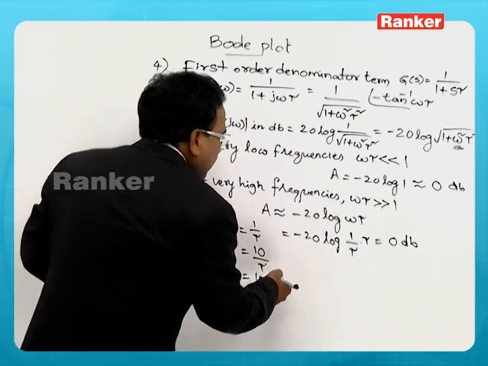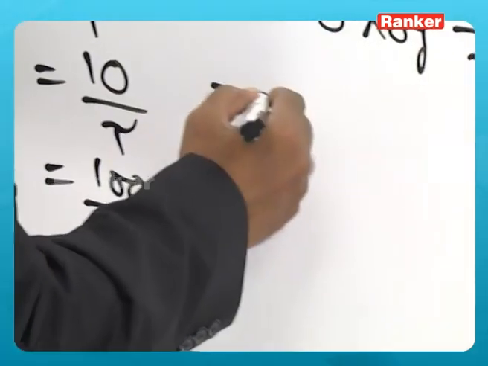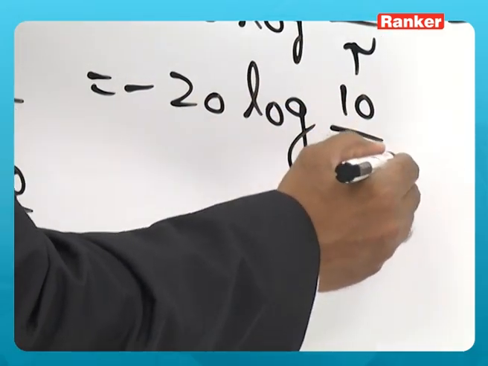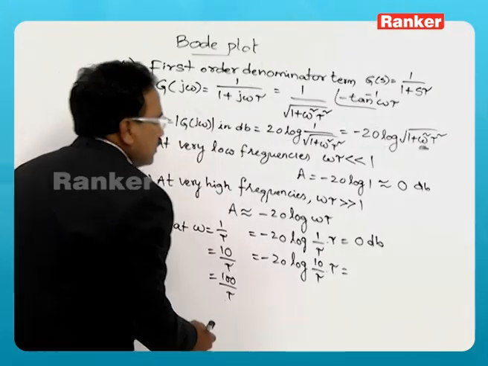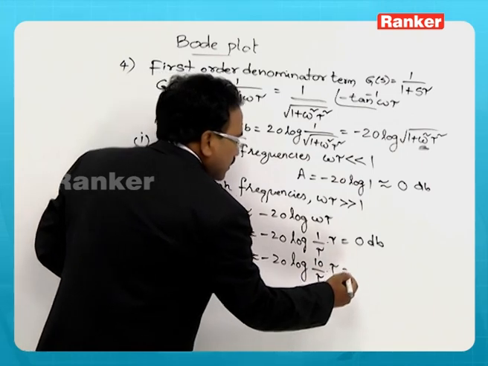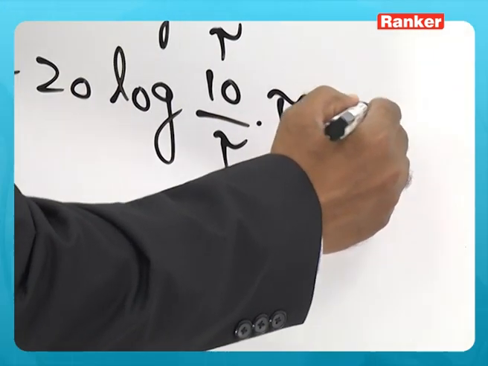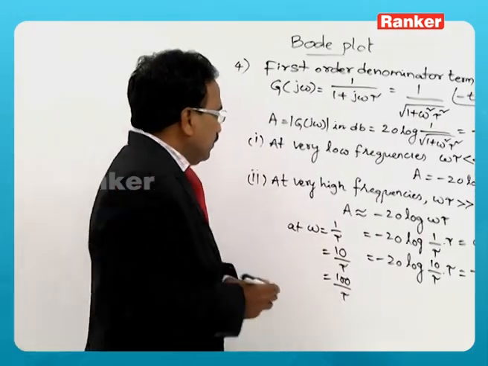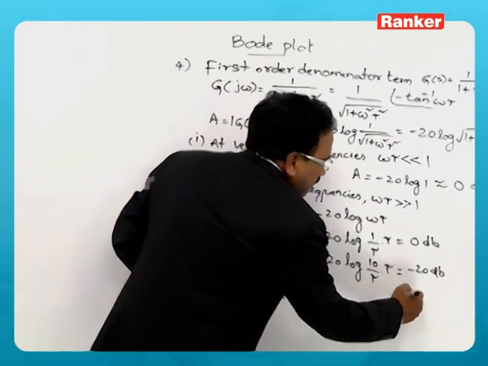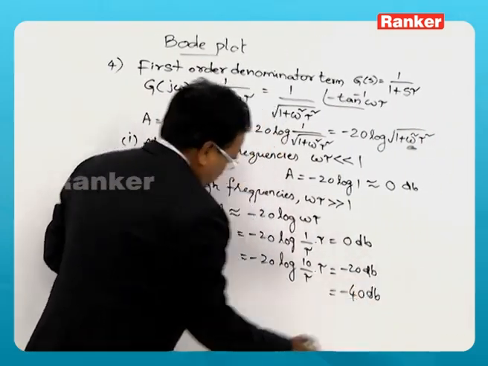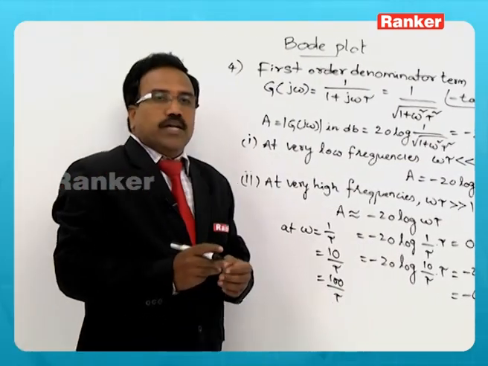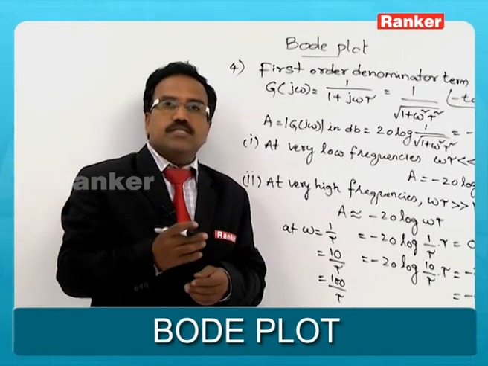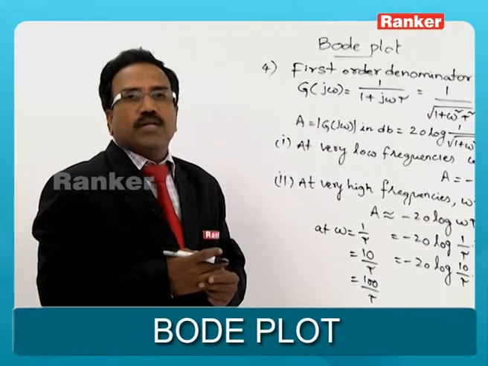Now, at 10 by tau, if you calculate minus 20 log of 10 by tau into tau, this is minus 20 log 10. So, the value is minus 20 dB. And at 100 by tau, if you calculate, this will be minus 40 dB. So, at very high frequencies, the denominator term has a slope of minus 20 dB per decade.